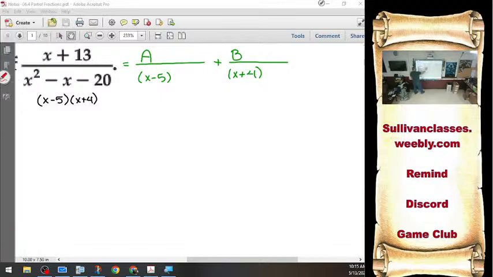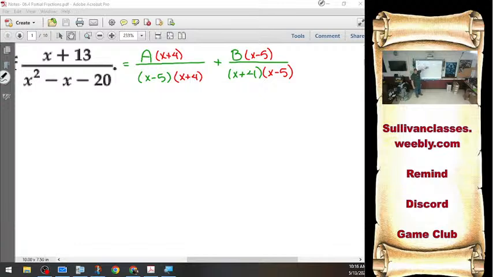You need a x plus 4, you need a x plus 4. You need a x minus 5, you need a x minus 5. You're reconstructing the process with an unknown variable in there. See how the entire denominator is now x squared minus x minus 20.